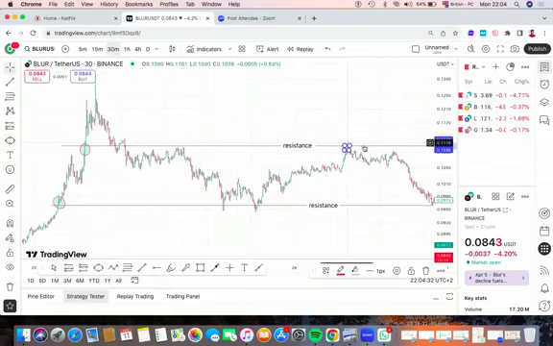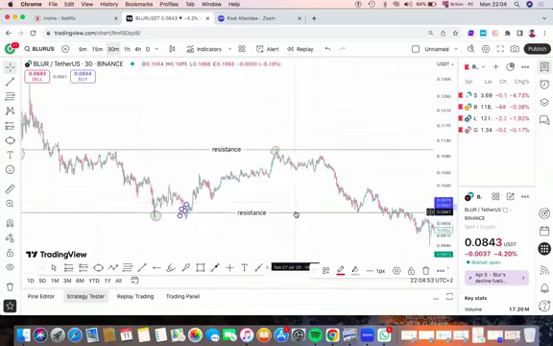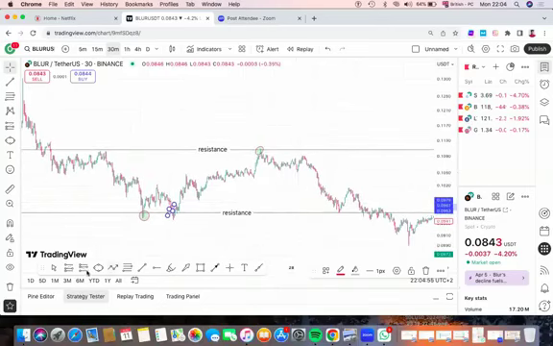Market was resisting it. So the sellers continued to sell at this area, and we had multiple touches also at our support level. Multiple touches on our support level. There was also a touch around here before market then finally broke out. So even before market broke out from this level, it was ranging at this area.